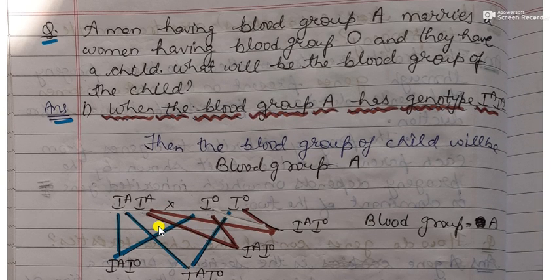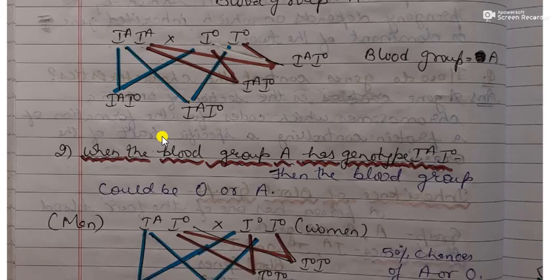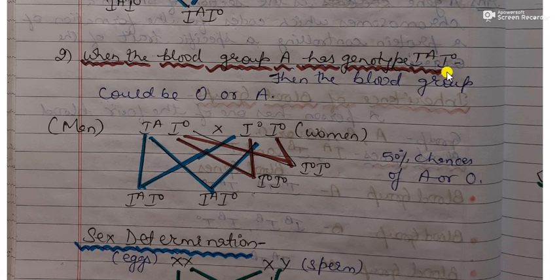If the man has the combination IAIA, then the blood group of the child would be A, because A is dominant. It would not let the O group express itself, so the blood group would definitely be A. When the man has the genotype IAIO, there are 50% chances that the blood group of the child would be either A or O.